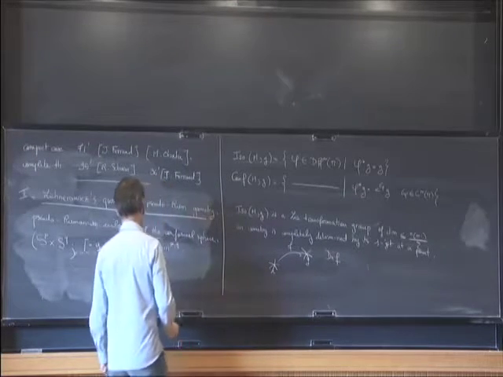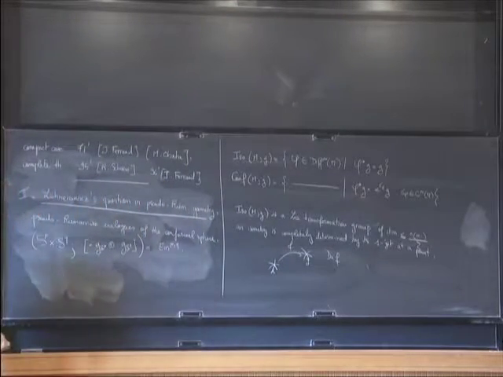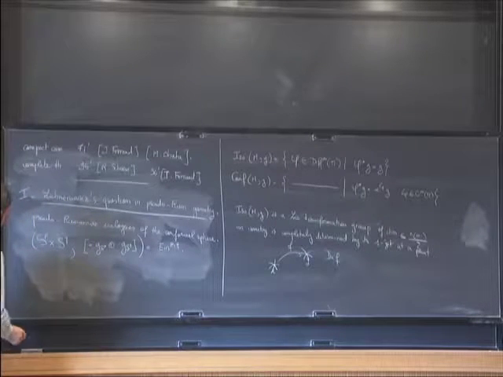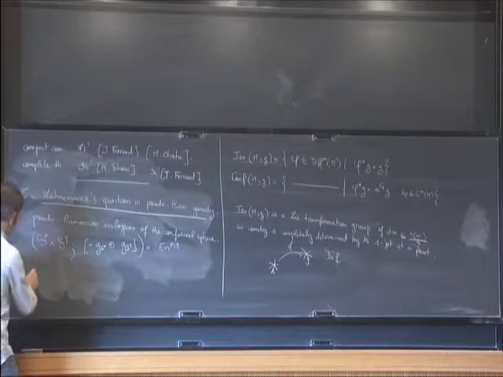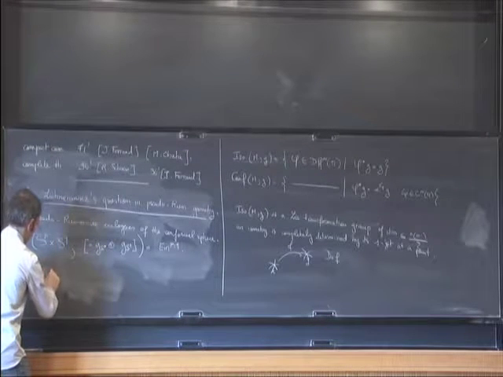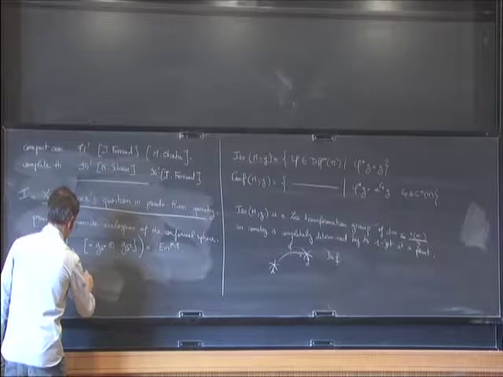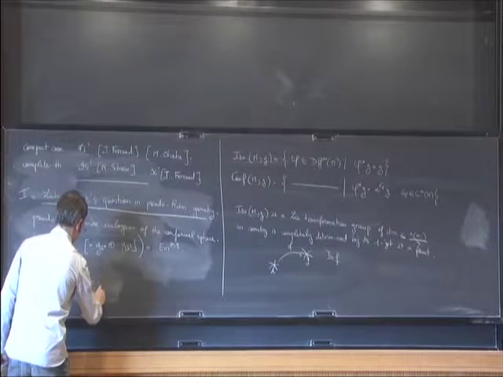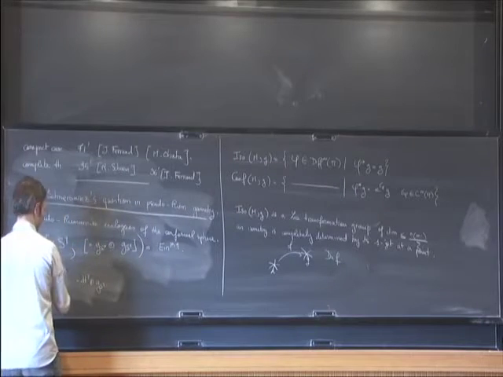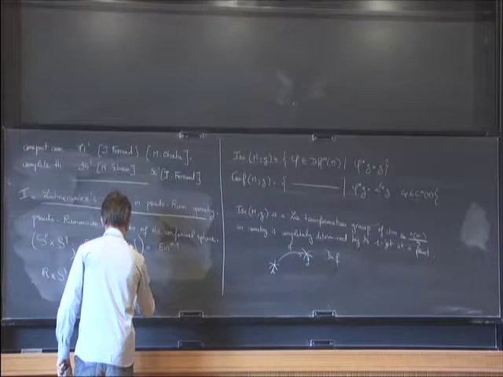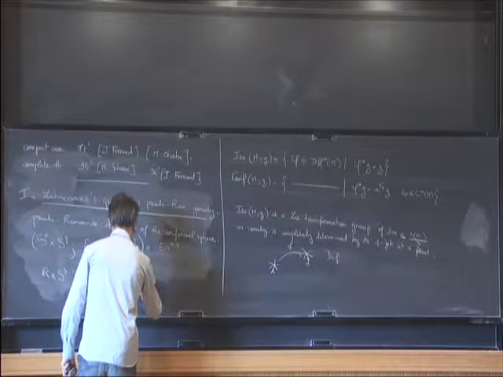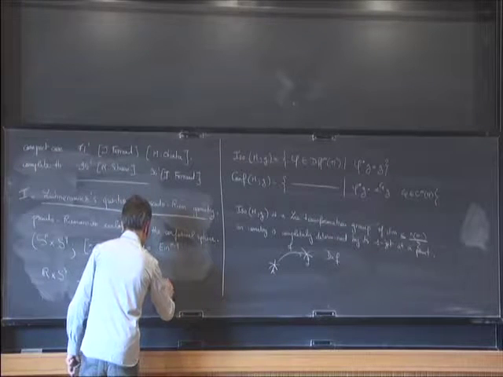So let me explain why. What is usually called Einstein's universe in Lorentz geometry is just the product R cross S3 with the metric minus dt square plus the round metric on S3. This is what is called Einstein static universe.